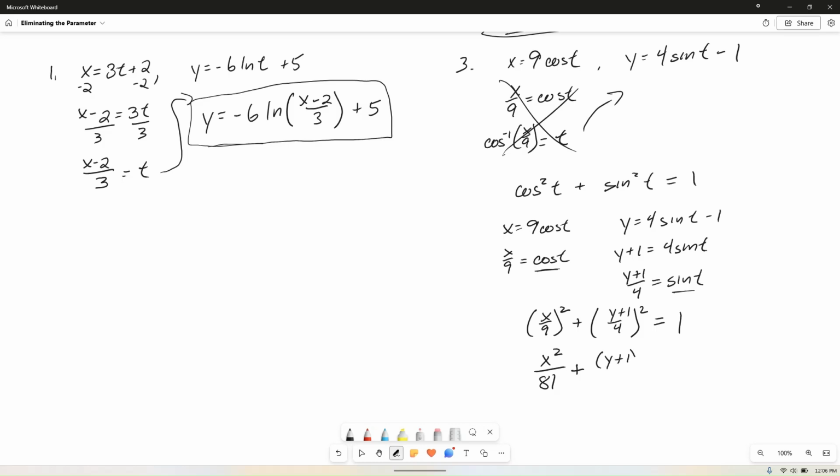So I'm just going to leave that as y plus 1 quantity squared divided by 16. I get the 16 because that's the 4 squared, and that's equal to 1. So x equals 9 cosine of t, y equals 4 sine of t minus 1 could be rewritten as x squared over 81 plus y plus 1 quantity squared over 16 is equal to 1.